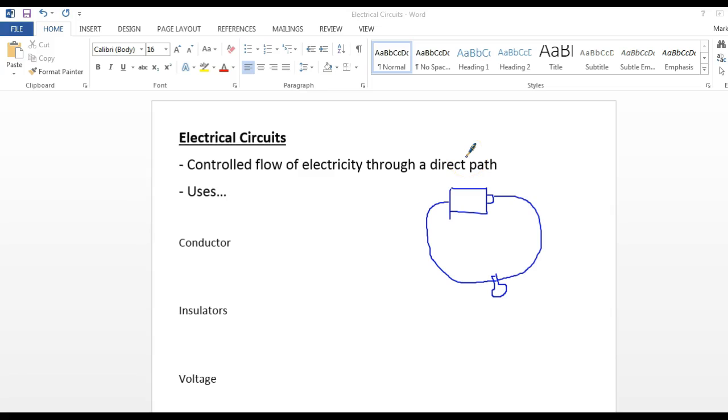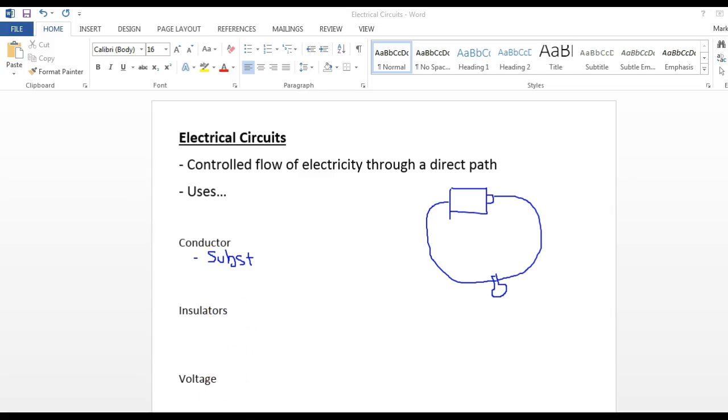And it uses some basic things here. First one is a conductor. And a conductor is a substance that allows electric flow. I can actually go the other way on this one. So this one promotes electric flow.